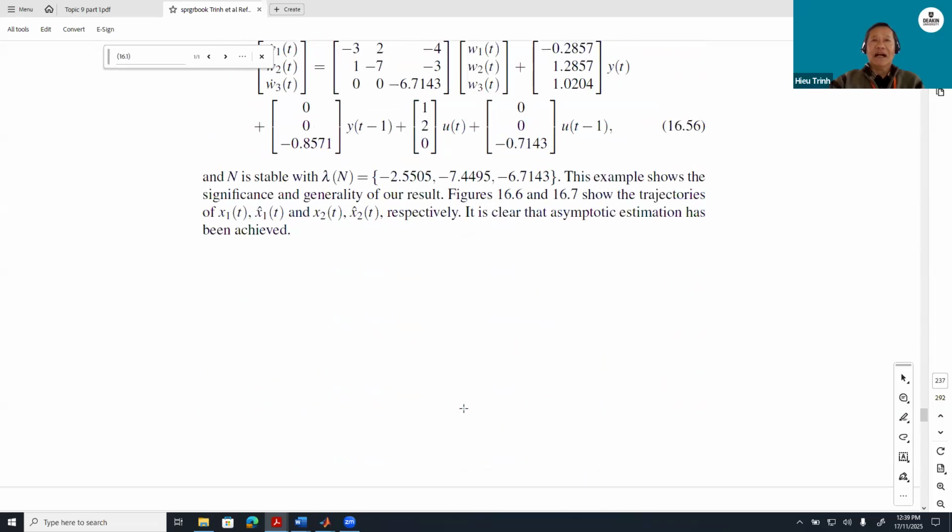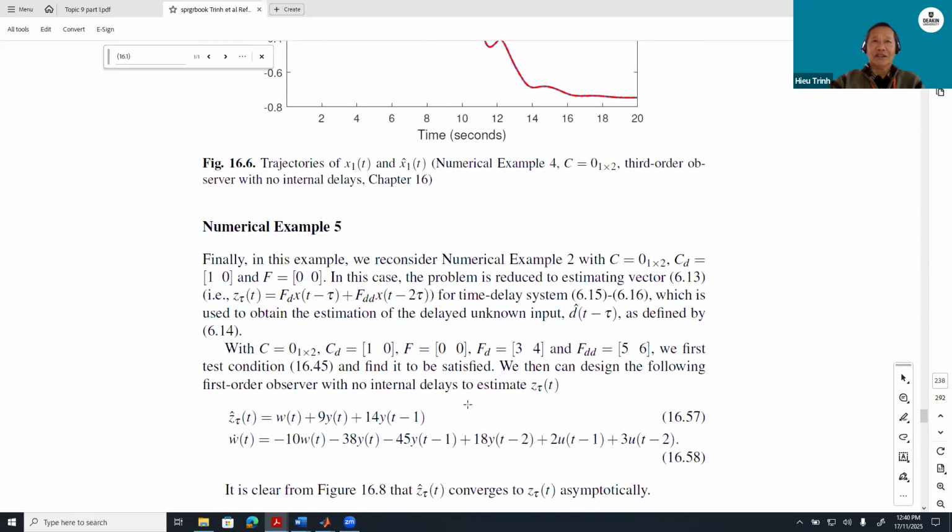Example 5 is used for the reconstruction of an unknown input where the output measurement vector is delayed, not instantaneous. So the question there is, can we estimate an unknown input for a time delay system with delay output measurement? The answer is yes. However, we can only estimate the delay unknown input. That's what we discuss in the next chapter, in the next presentation, chapter 6 in the book.